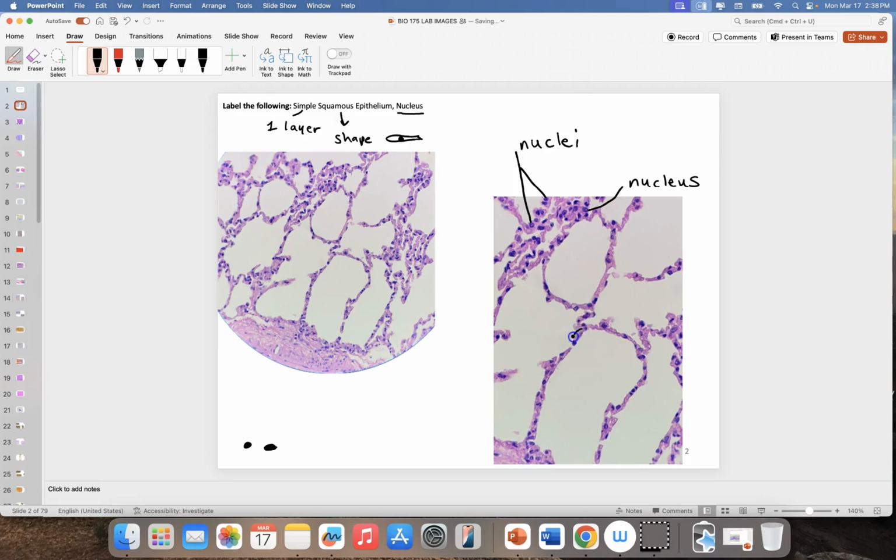I can go ahead and outline a few of them for us so that we can see them a little bit easier. We can see that they are in a single layer, and that's why we call it simple. Again, they're kind of thin and squished, and therefore we use that term squamous. We've got simple squamous epithelium.